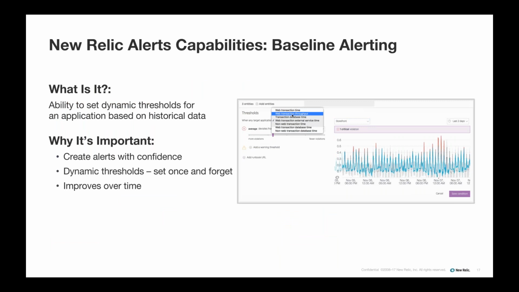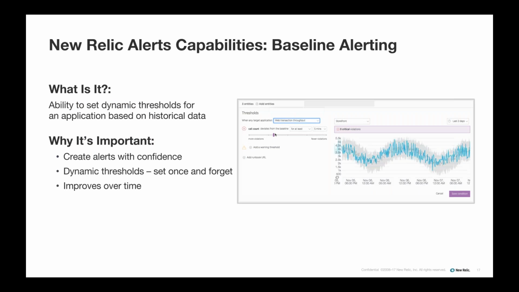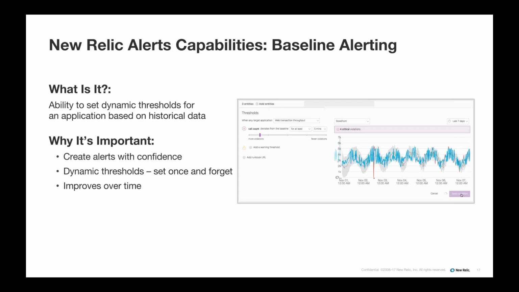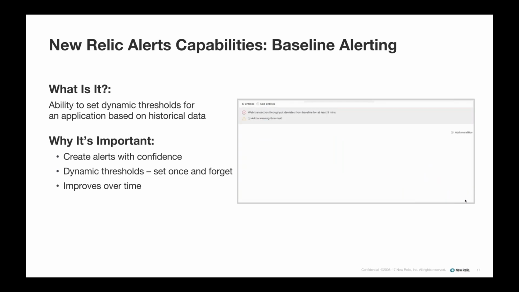All right, so baseline alerting. This is another fun one. Traditionally in the monitoring landscape, there are key metrics that you really want to alert on, but it's hard because they've got attributes that make it difficult to set thresholds.